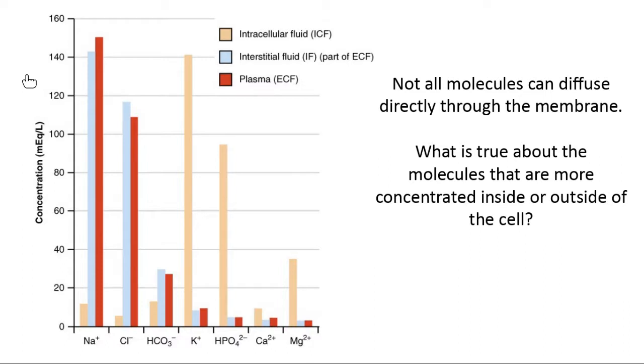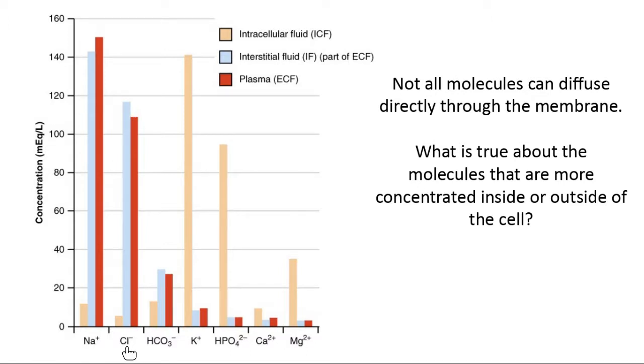When we're talking about interstitial fluid or plasma, any places on my bar graph that have a big blue bar, that's a lot of stuff in the interstitial fluid. Any places with a big red bar, there's a lot of that in plasma. Notice that I have really big blue and red bars here for sodium and chloride.